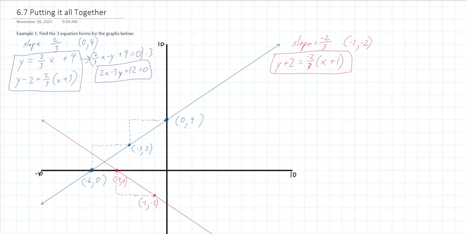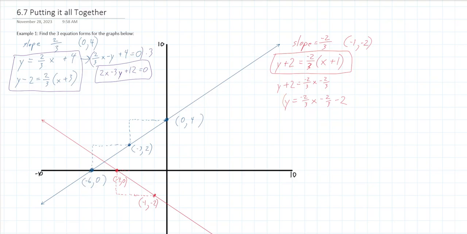Okay, now this is going to be one of our three equations, but now we can rearrange this to solve for y. So if we multiply that in, it'll be -2 over 3 x minus 2 over 3. Then we can do y equals -2 over 3 x minus 2 over 3 minus 2.